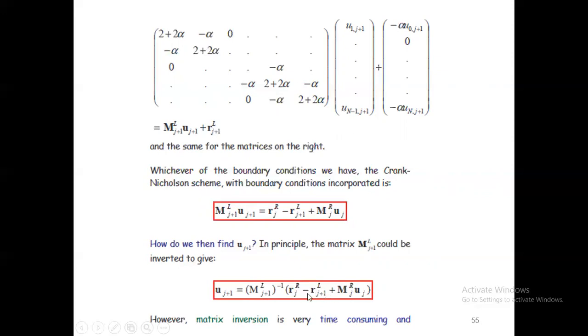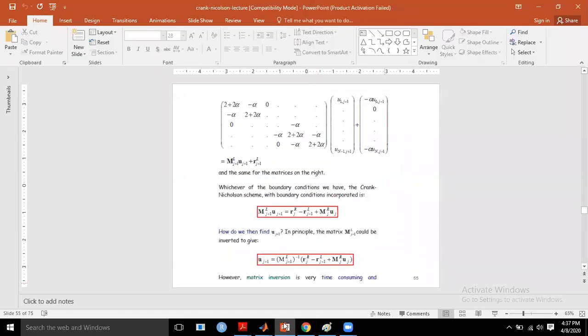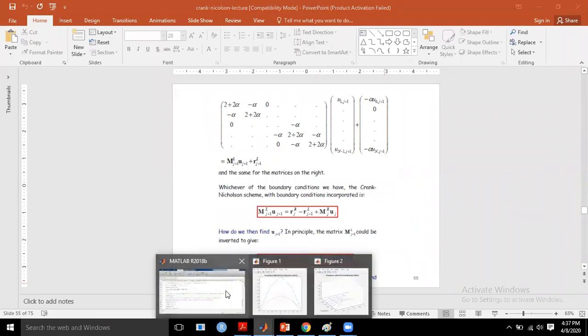The R's are the boundaries. This will be given to you. Next, M j plus 1 inverse. This is the inverse of the matrix M. This was also known to you, and you will find its inverse. Now, inversion is not difficult, but it is time consuming. So let us go to the MATLAB M file and let us demonstrate this M file.